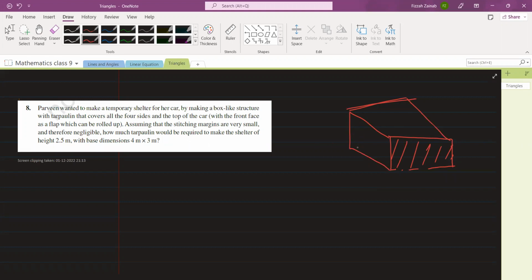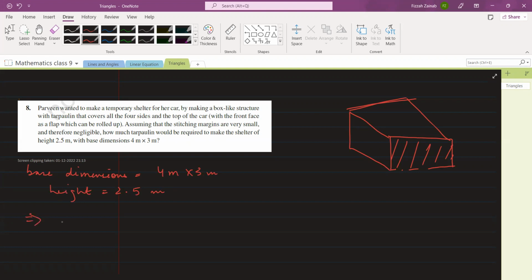So base dimension is given. The base will be same as the top, isn't it? Yes, ma'am. So base dimensions, you can write like this also: 4 meter into 3 meter. And height is given in this question, 2.5 meter.